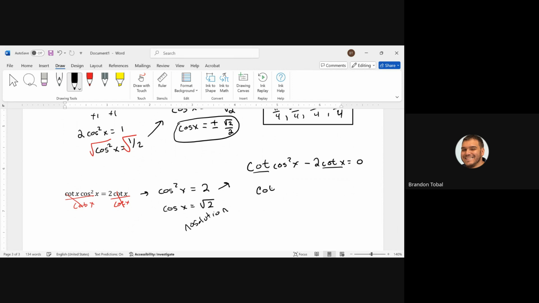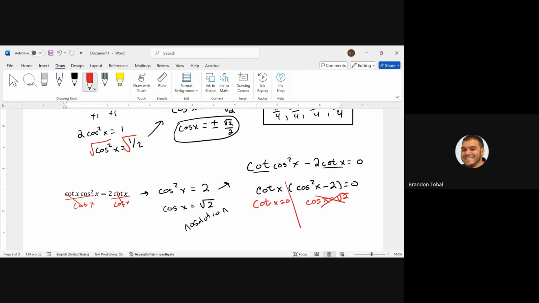So I have cotangent x times cosine squared x minus 2 equals 0. Because this is a factor equals 0, I could split and solve this. Over here, we already figured out cosine x equals the square root of 2. That's a no solution.